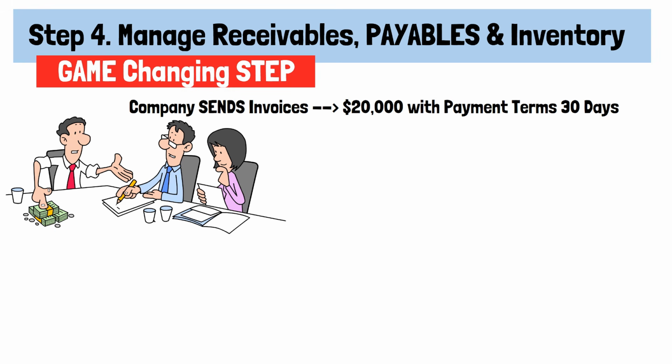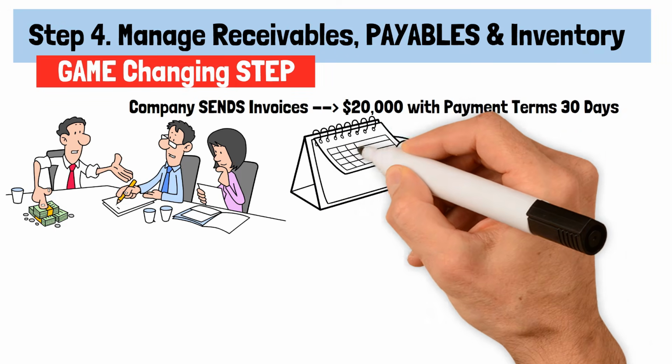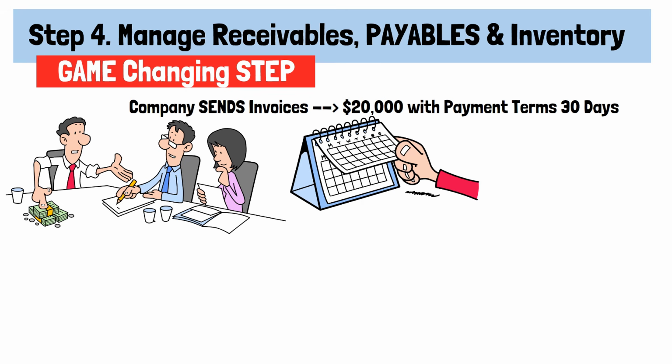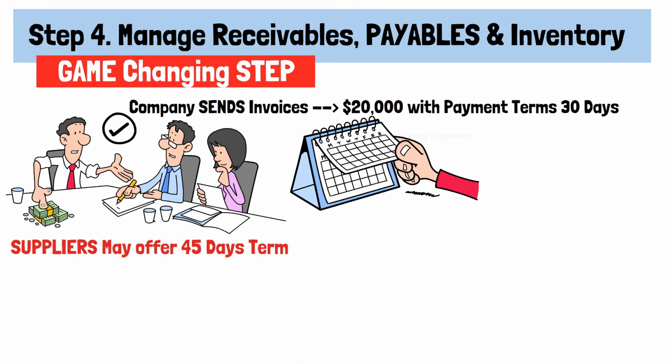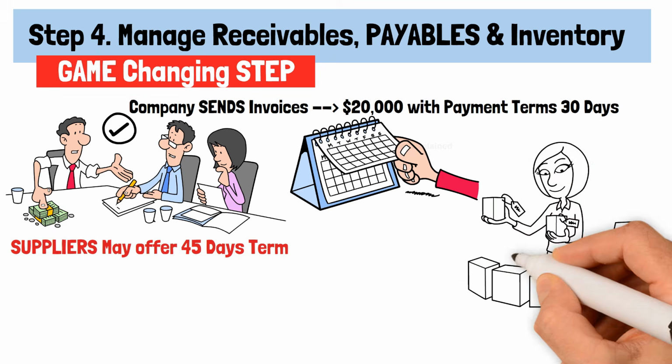If customers delay payment for 60 days, cash shortages may occur even when sales remain strong. Encouraging faster payments through reminders or small discounts can improve cash availability. At the same time, suppliers may offer payment terms of 45 days, allowing the business additional time before money leaves the company. Inventory management is equally important.